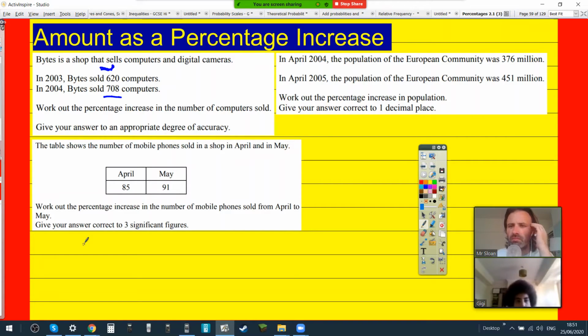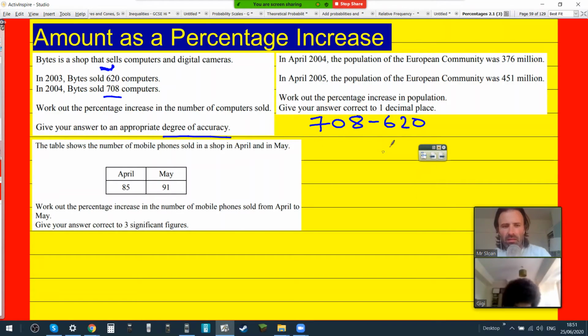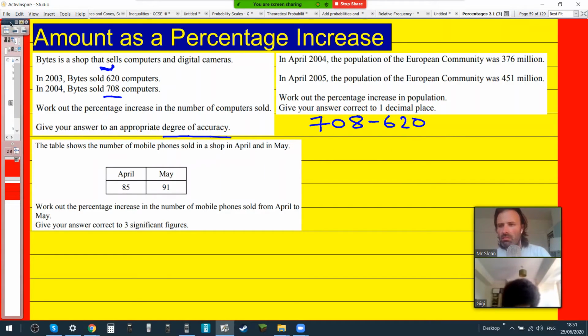You take 620 off 708, and that makes... I use a calculator. And you can use your calculator for these. These are all these ones that say 1 decimal place, 3 sig fig. Those are all calculator questions.